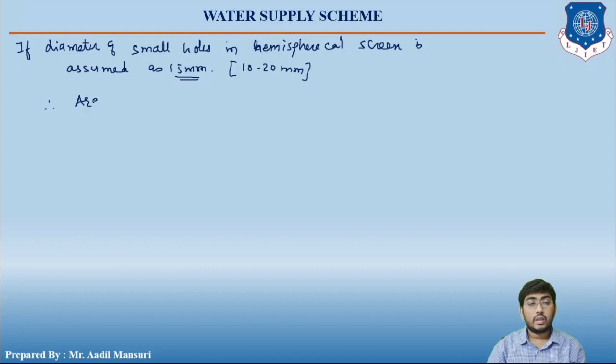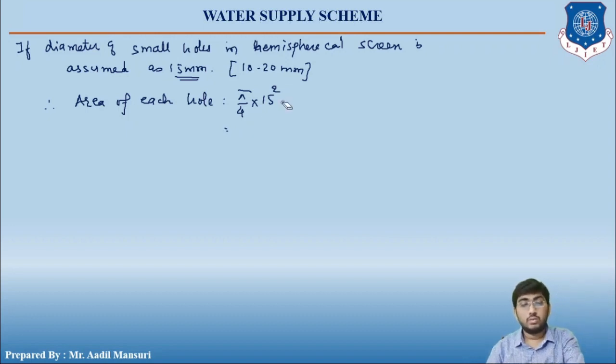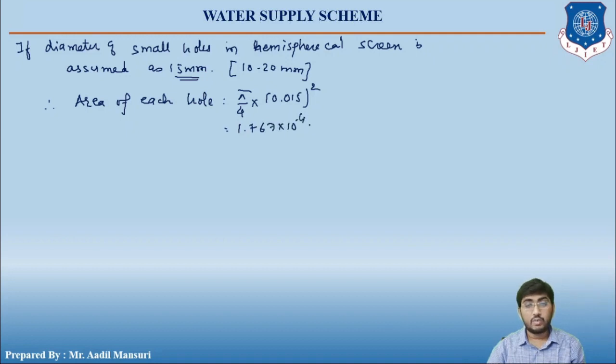Therefore area of each hole will be equal to pi by 4 into 15 square. I am writing in meter, so pi by 4 into 0.015 square, which will be equal to 1.767 into 10 to the power minus 4 meter square.